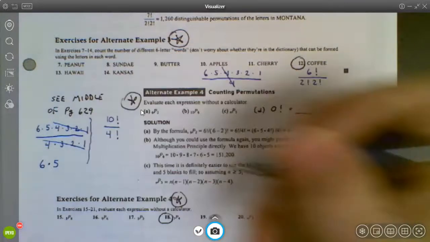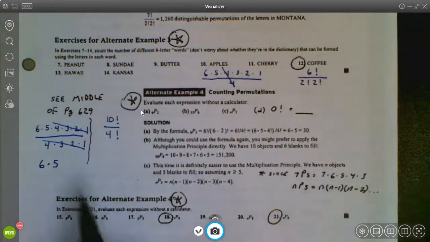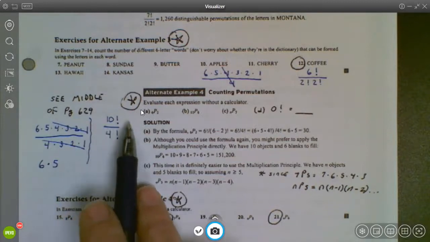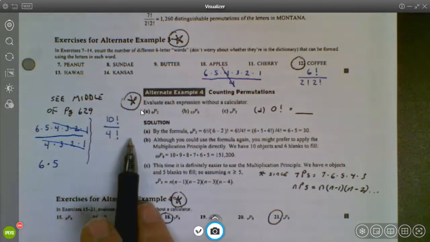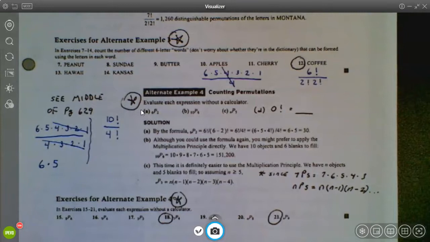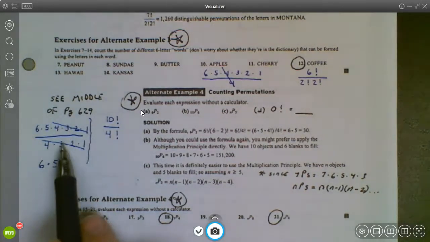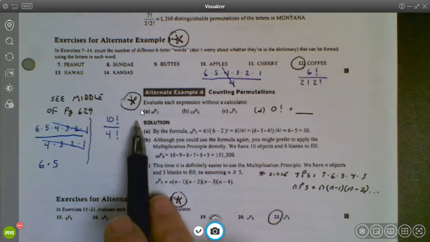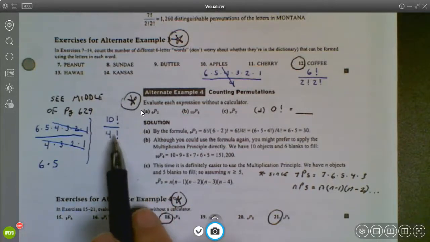Well, guys, what did you notice as these guys simplified? As you count down from 10 to 1, and as you count down from 4 to 1, the remaining 4 values will cancel top and bottom, just like they did here. As I count this down, 4, 3, 2, 1 up here is going to cancel with 4, 3, 2, 1 down here.